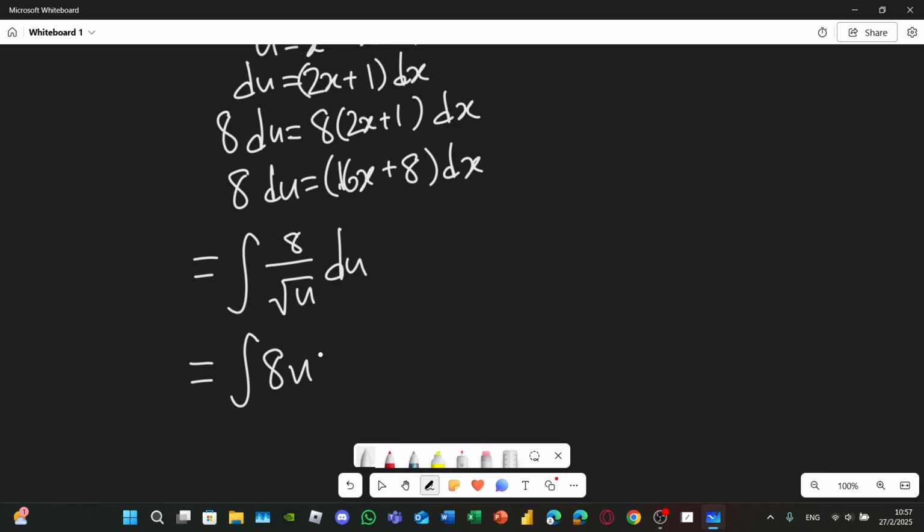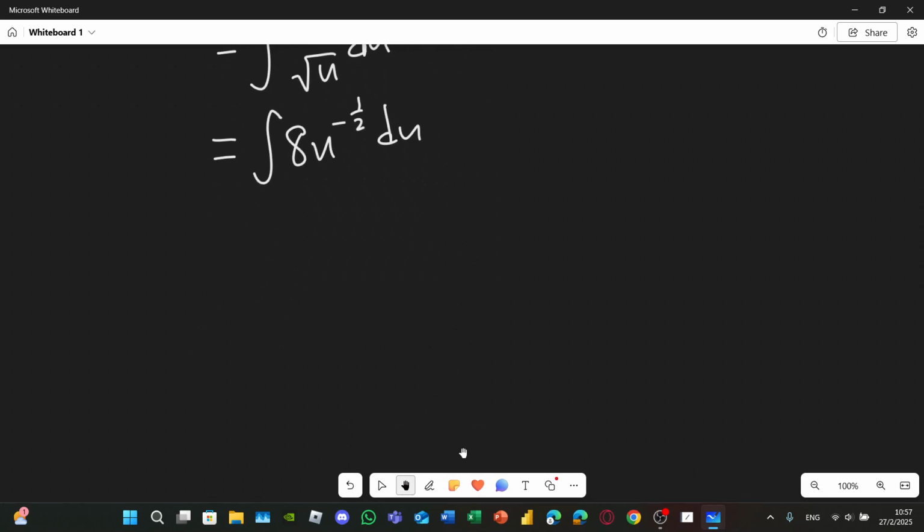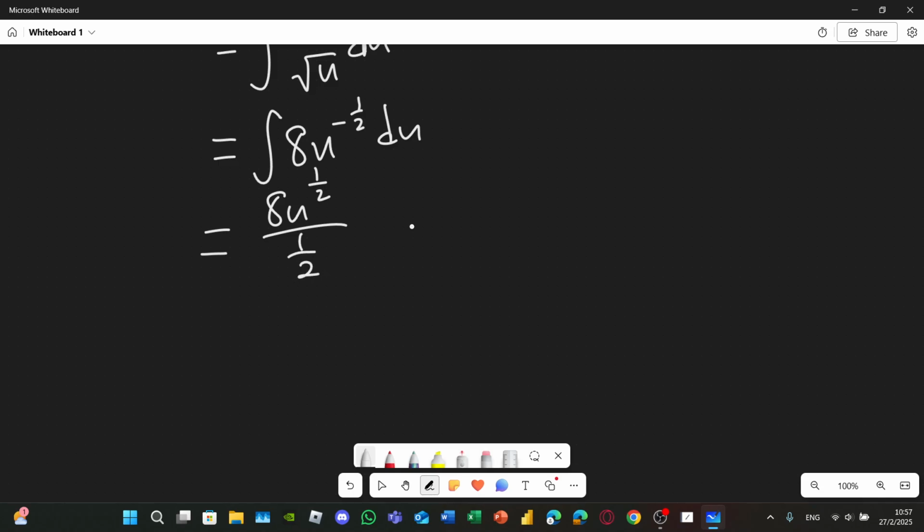So I have 8u to the power of negative half du. If I just work this out, I'll have 8u to the power of negative half plus 1, which gives you half, divided by the power. Then eventually 8 divided by half is 16 u to the power half.